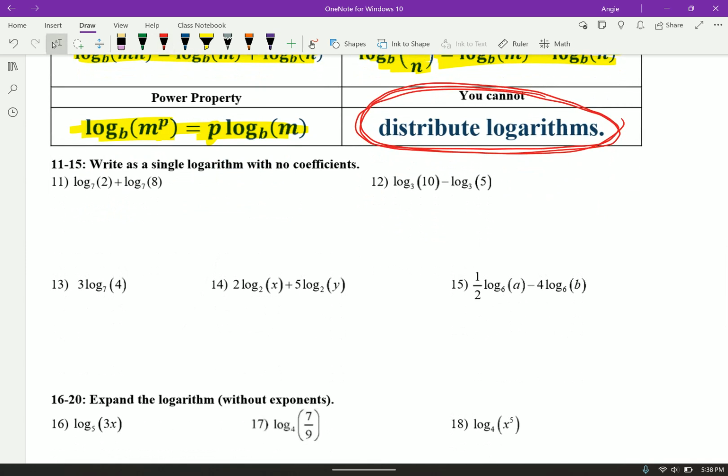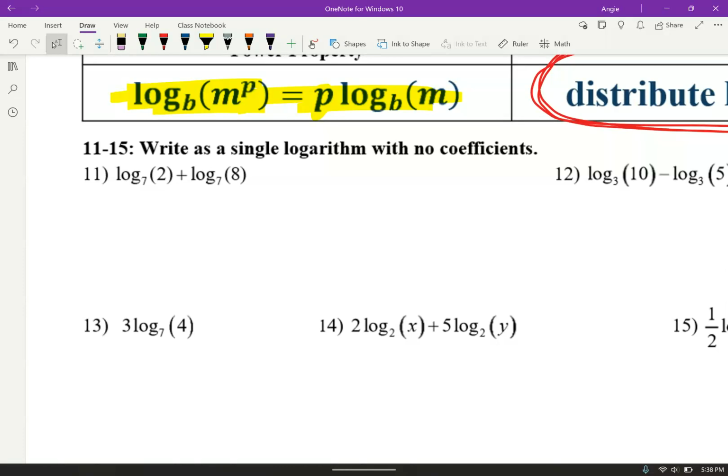Examples 11 to 15 say, write as a single logarithm with no coefficients. One single log means your final answer may only have one word log in it. First, this one says log base 7 of 2 plus log base 7 of 8. They're both the same base here.